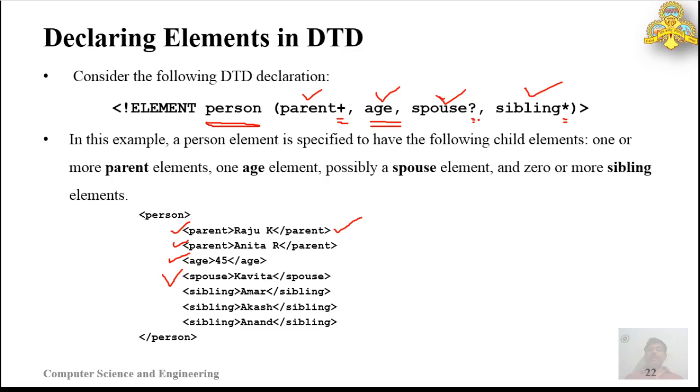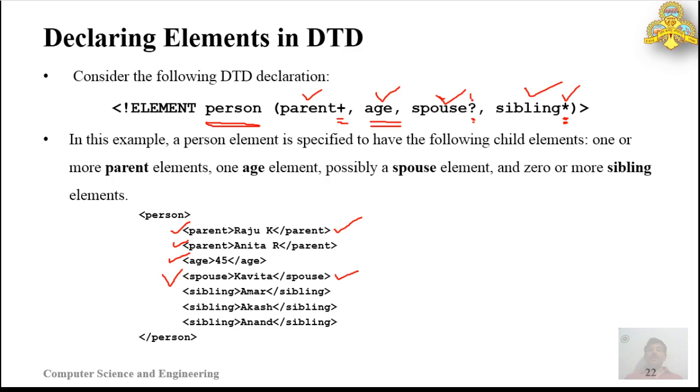If he is married, there will be only one spouse, so only one spouse tag is provided. If the person is unmarried, they can ignore this tag. And sibling, they may not have any siblings, or there may be one or many, so there is no constraint for the actual number of siblings, so the modifier used there is 0 or many, that is asterisk.